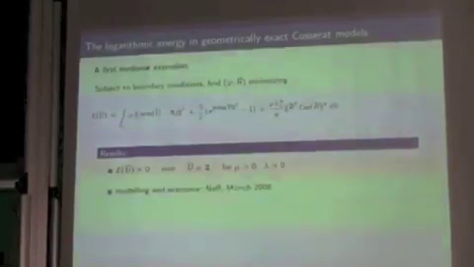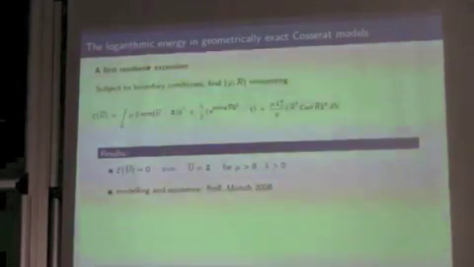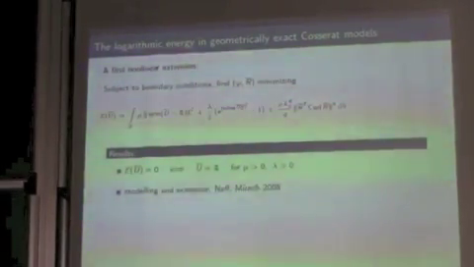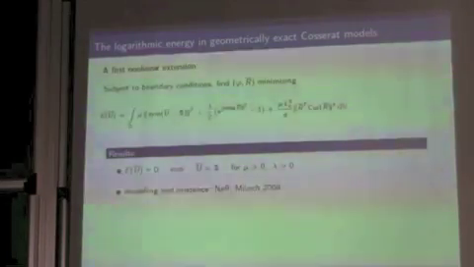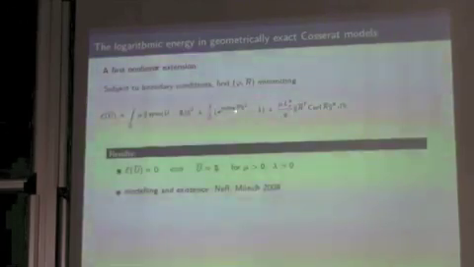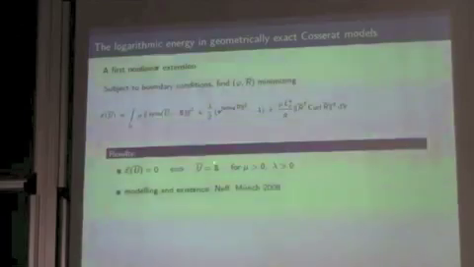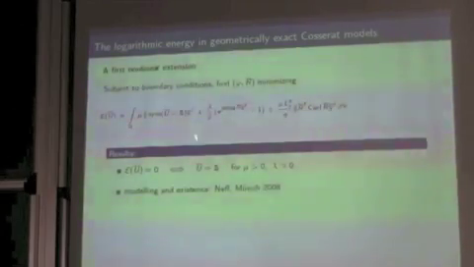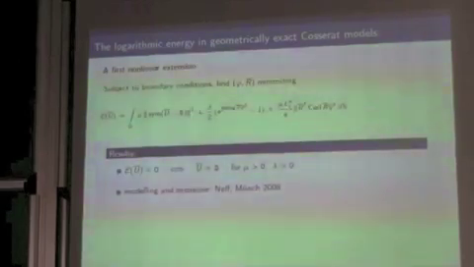Here you see the first time the log of U bar, the log of a non-symmetric object, but this is cheated because the trace of the log is the log of the det, and the det of R transpose F is just the det of F. That means this is just a volumetric expression controlling the volumetric part of F. Again, if the energy is 0, it turns out that you control the first deformation tensor to be 1, even without controlling the skew-symmetric part, because of the interaction of the terms.